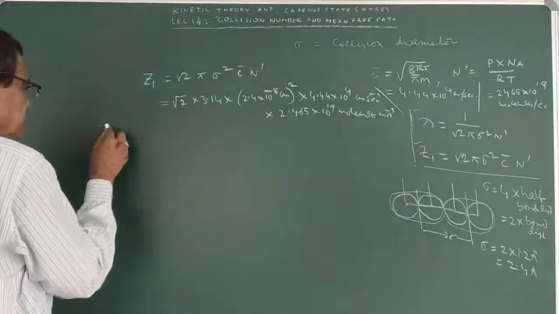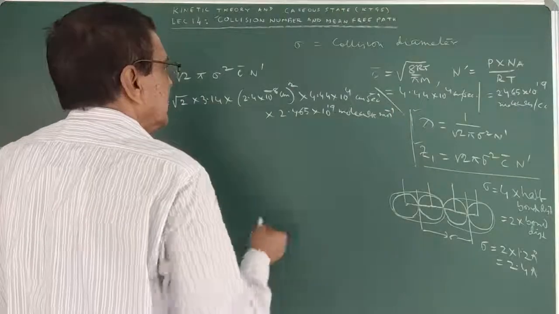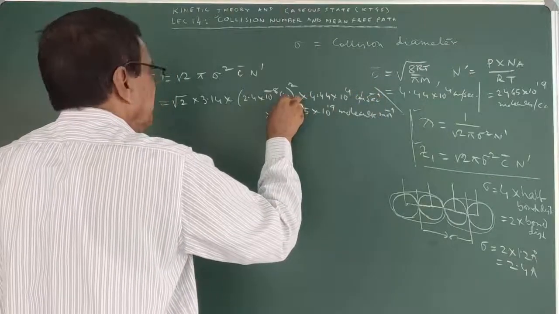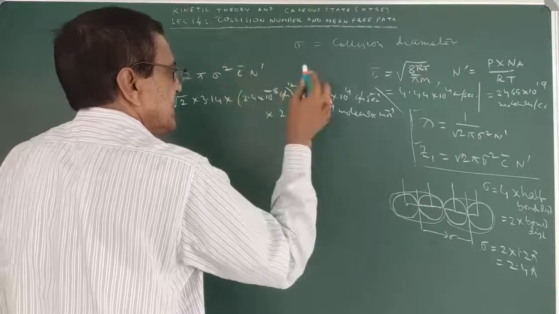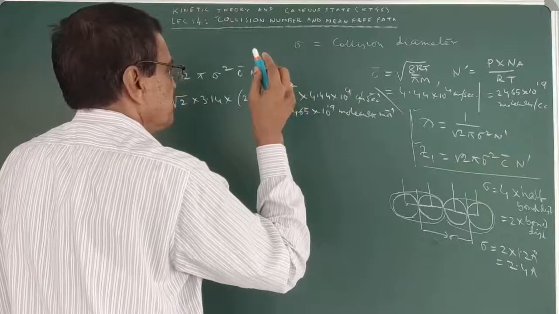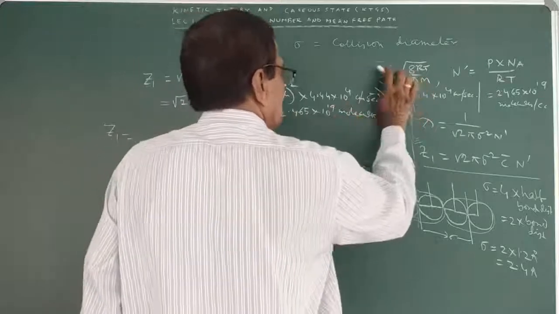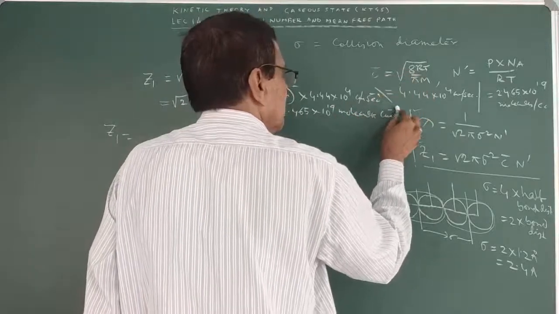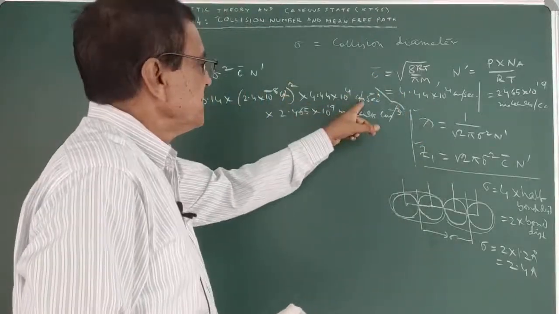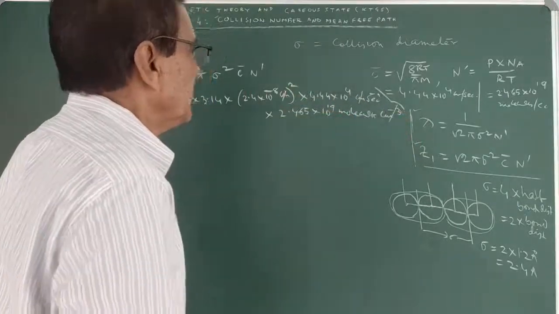So this value of Z1 equal to, you can see the centimeter, and here centimeter square cancel, and here this one molecules and centimeter inverse 3. Centimeter square, centimeter cube, here centimeter minus 3, so centimeter will be totally cancelled.